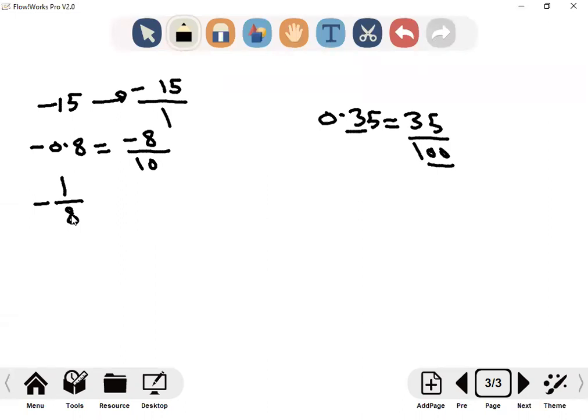But we can write it in 3 different ways. We can give the negative for 1, and we can give the negative for the 8, or the whole fraction. They are the same. Yani the negative for the fraction, you can give it for the numerator or the denominator or the whole fraction.